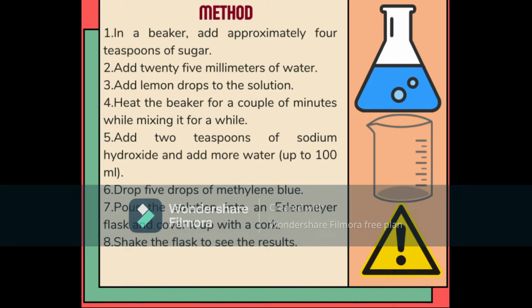Next, we drop 5 drops of methylene blue into the solution. Next, we pour the solution into an Erlenmeyer flask with a cork, we put the cork on, and in the end we shake it and see the results.